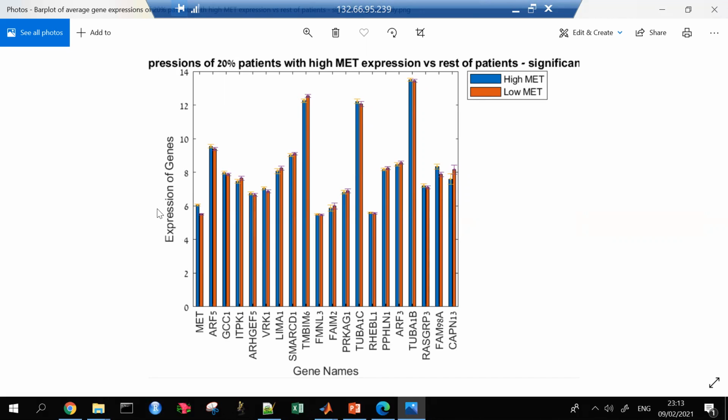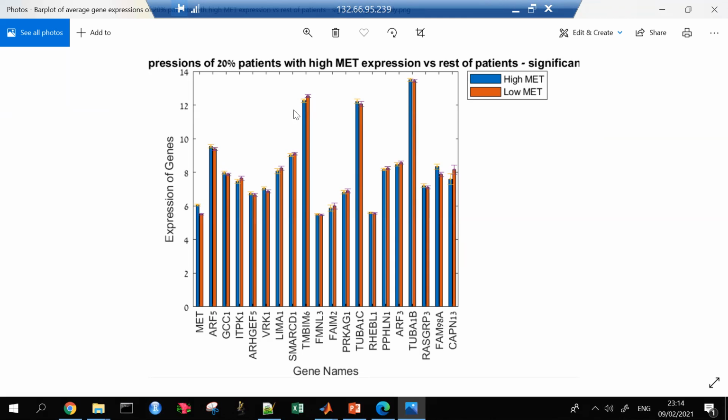What we are trying to find is, with this separation based on the expression in the driver gene, in this case MET, whether there is also anything significant with other genes.